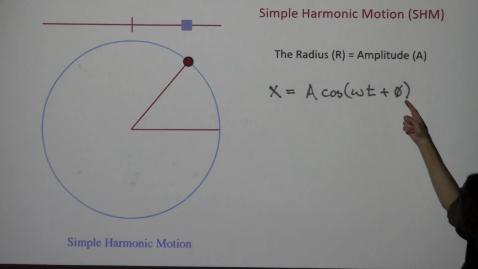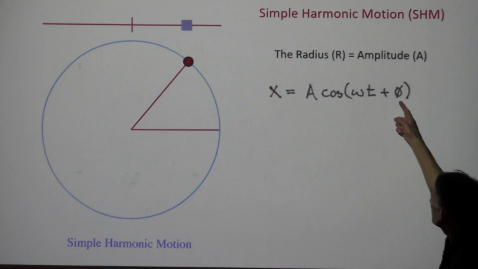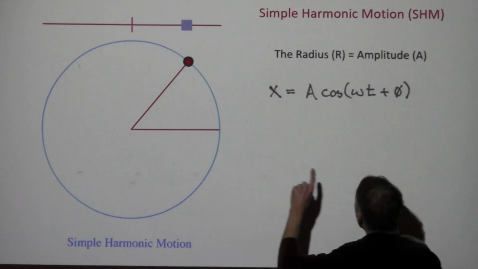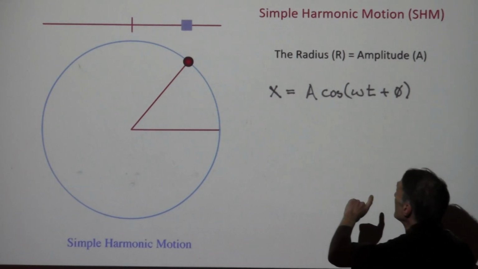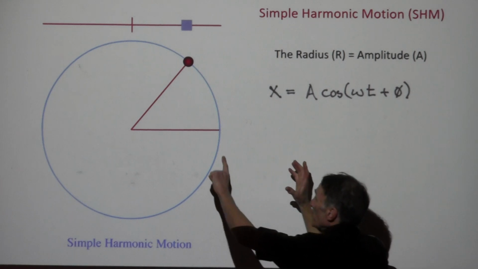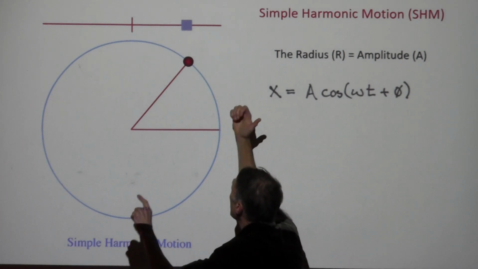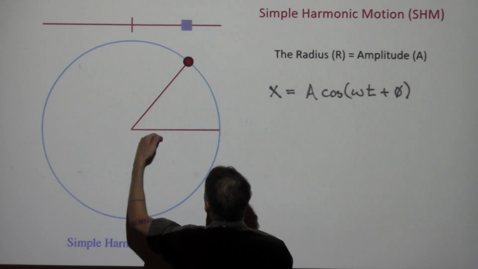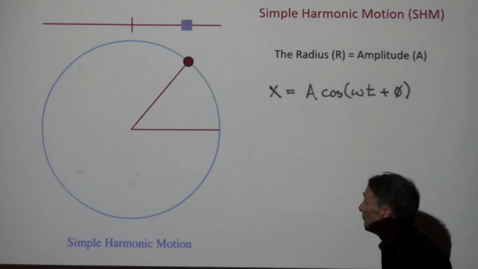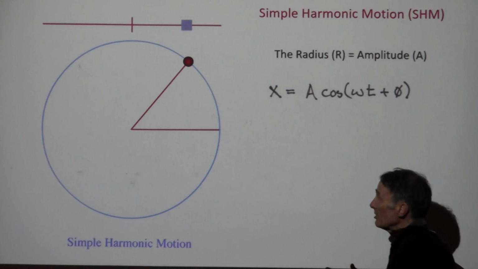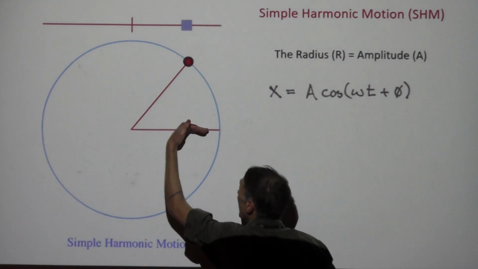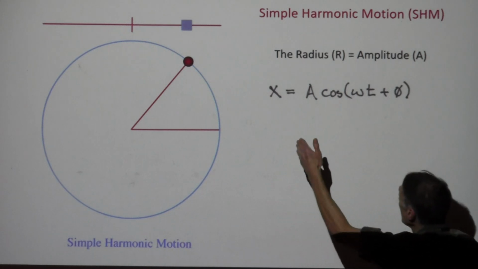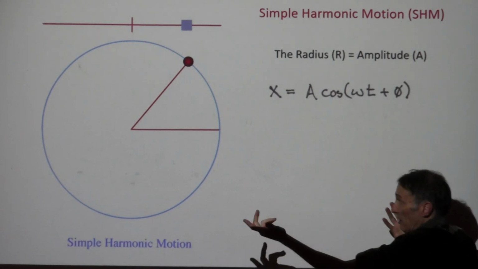And in fact, this angle phi represents the position of this thing on this circle at time t equal to 0. So let's say right now if I'm going to be starting this thing and I hit my stopwatch here, this initial angle would be phi. Very often we have the choice of where we want that angle, and it's usually just convenient to say, oh, when it's down here or the mass is clear over at its amplitude, we'll just start our clock there.